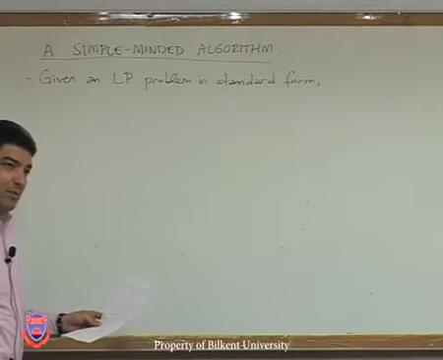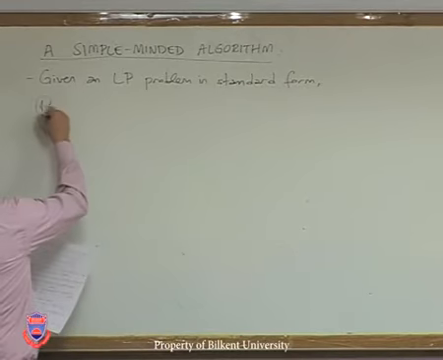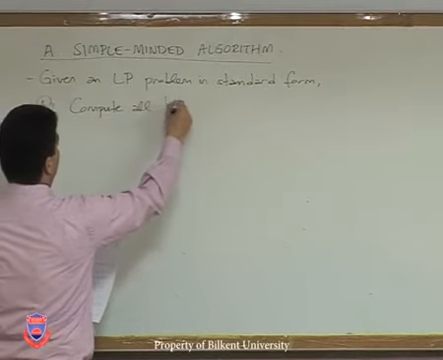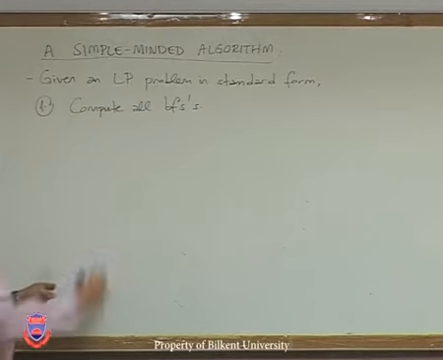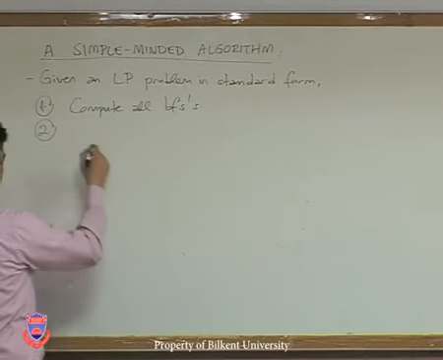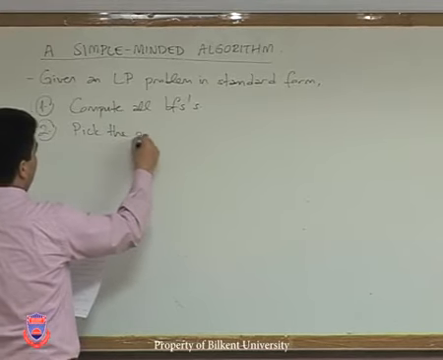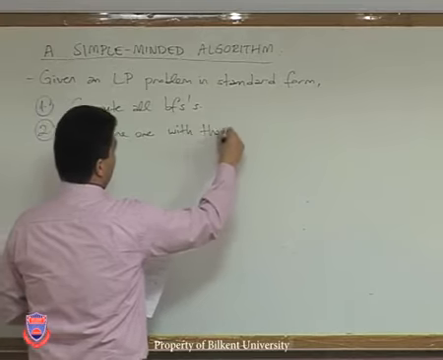We know that every LP problem can be converted into standard form, as we have seen before. So we can first of all compute all basic feasible solutions, BFS for short. And then we can pick the one with the best objective function value.